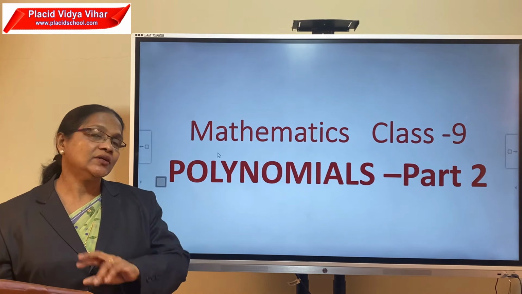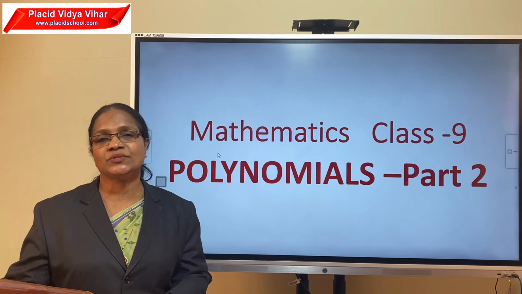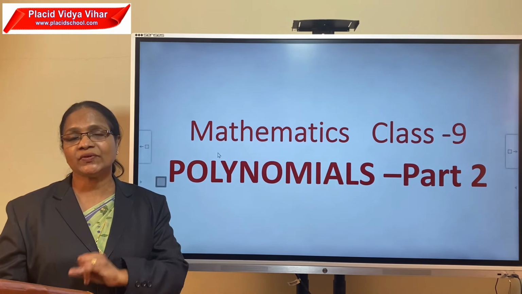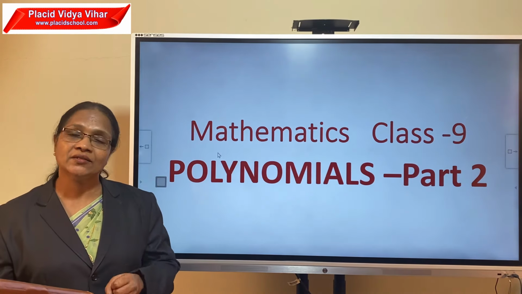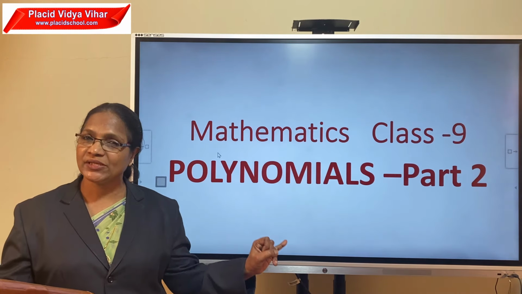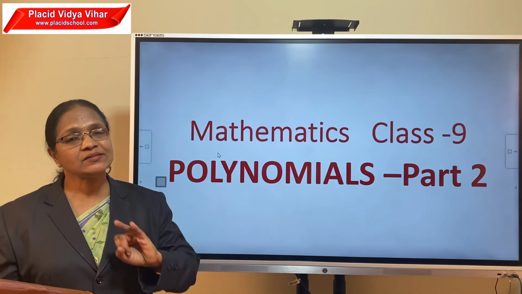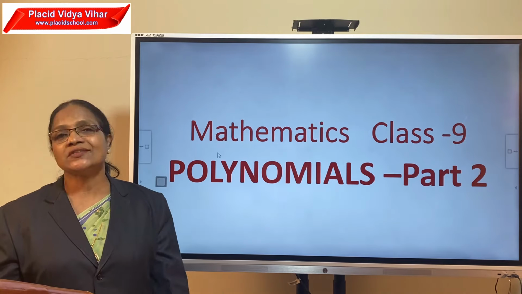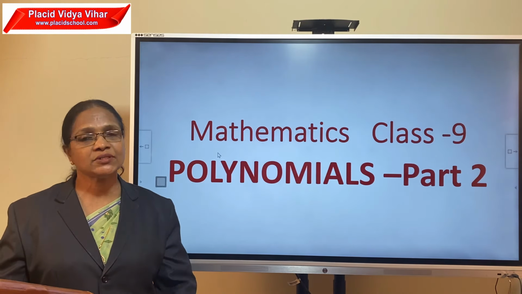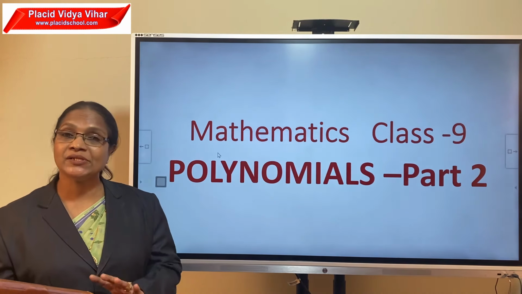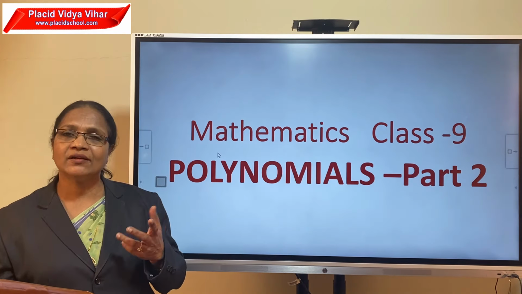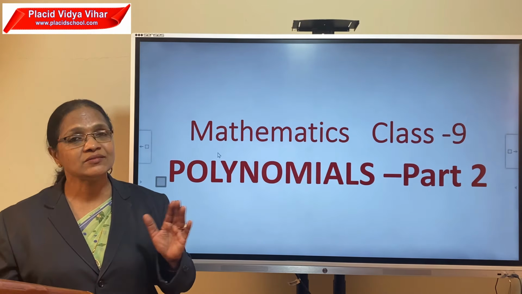The second point, based on the number of terms. Based on the number of terms, we can classify the polynomials as monomials, that is polynomials having one term, binomials, that is polynomials having two terms, trinomials, polynomials having three terms, quadrinomials, that is polynomials having four terms, and generally polynomials. Poly means many.